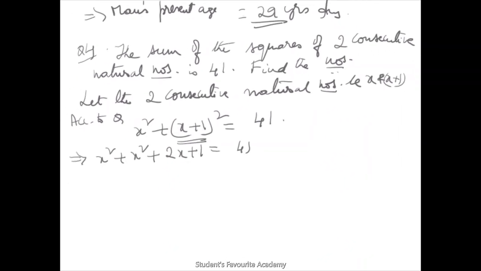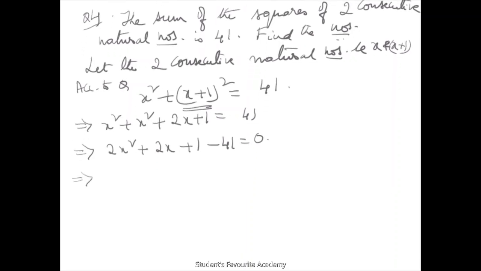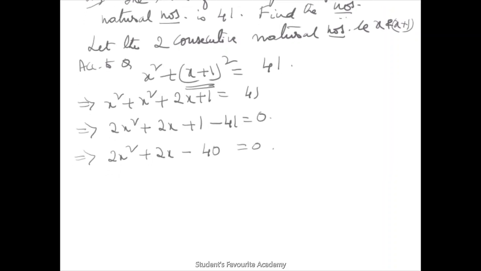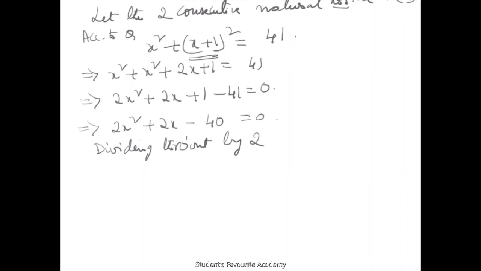Okay, so this implies 2x square plus 2x plus 1 minus 41 is equal to 0. So this implies 2x square plus 2x minus 40 is equal to 0. So now dividing throughout by 2, we get x square plus x minus 20 is equal to 0.